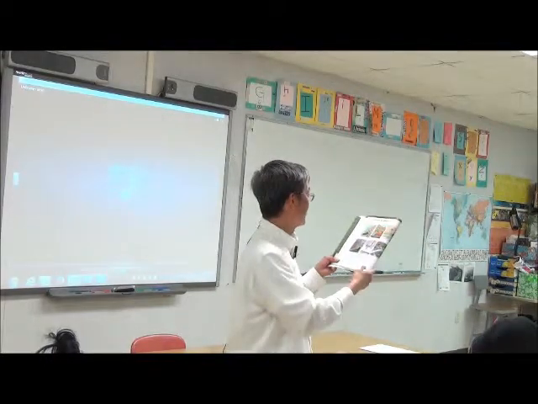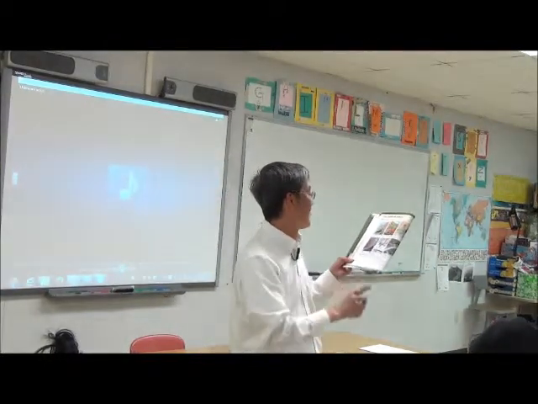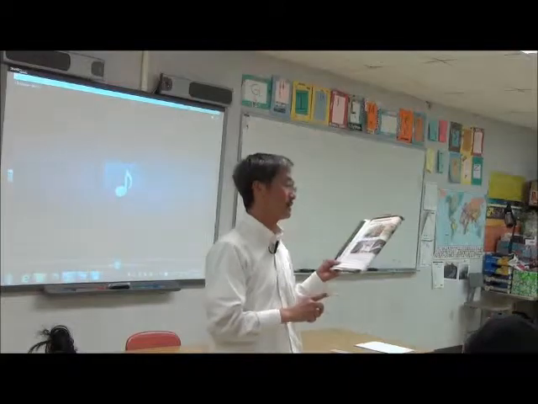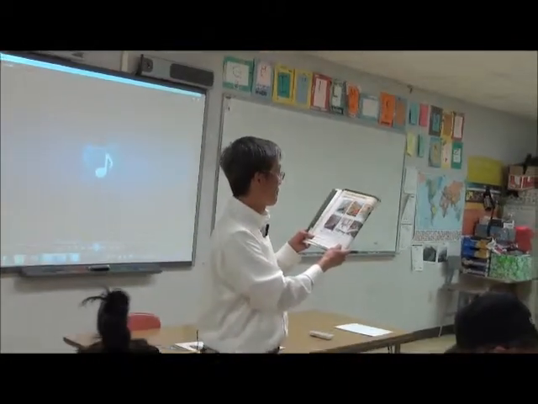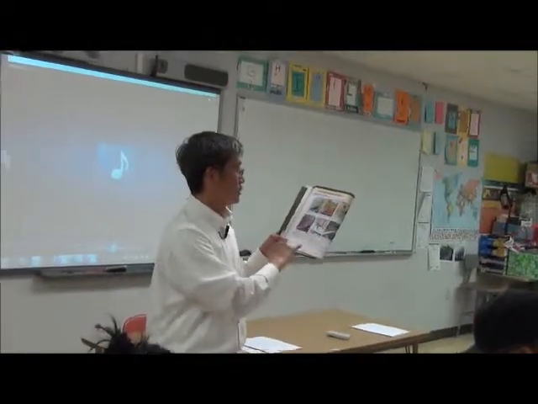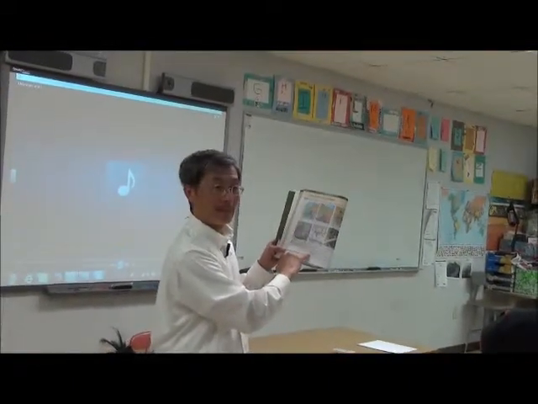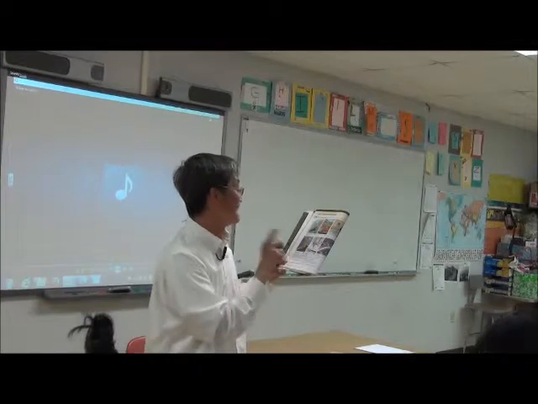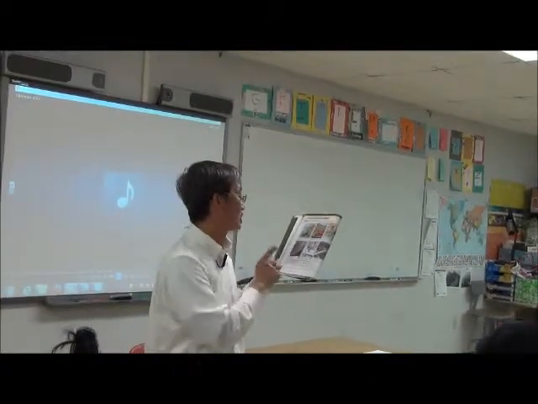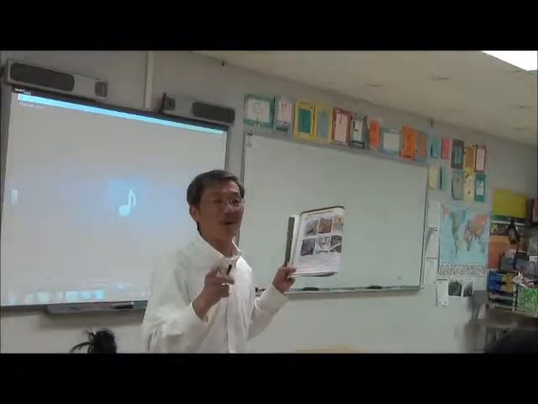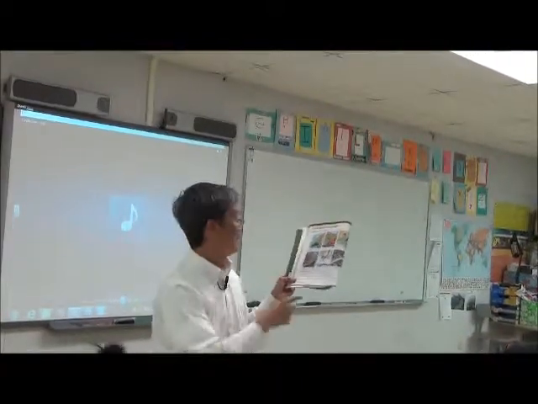Number 2 sentence here. Residents must not smoke in common areas. So which one, the top or the bottom here? The bottom. Residents may not smoke, right? So they must not smoke. They may not smoke. Not don't have to smoke. See, don't have to smoke is a different meaning.